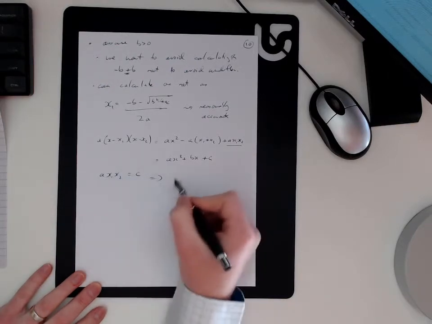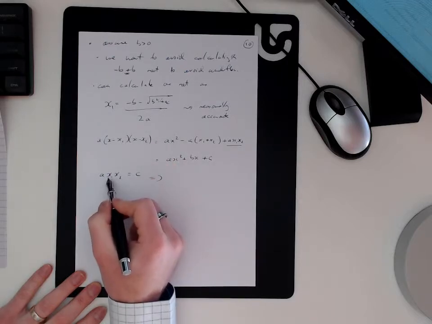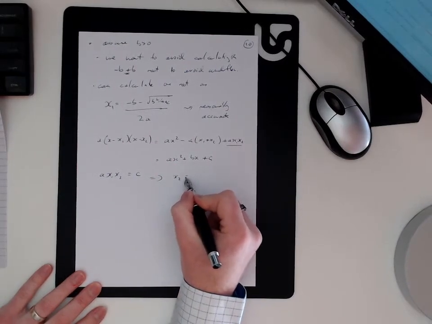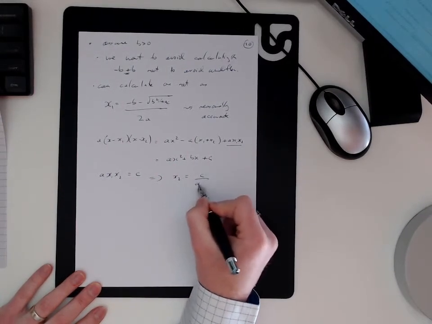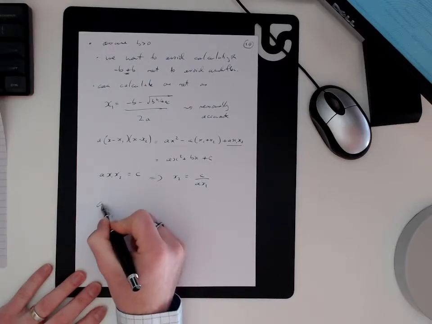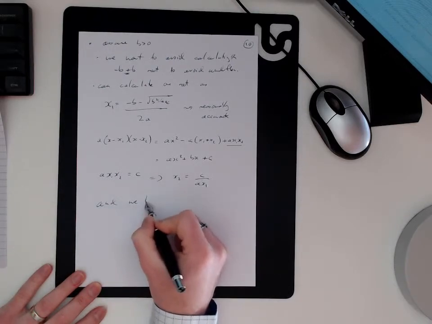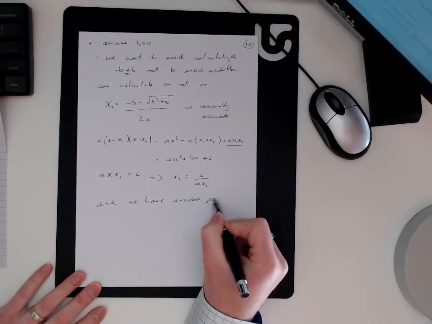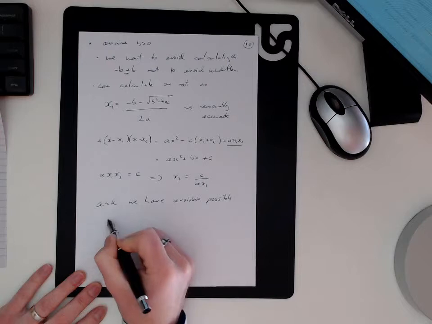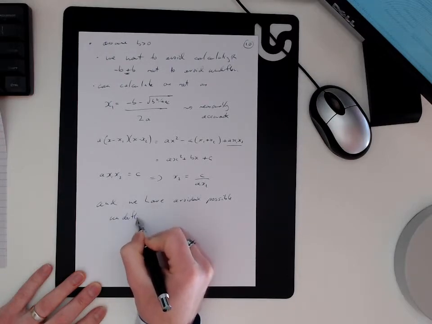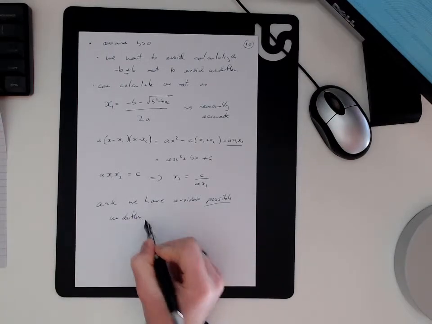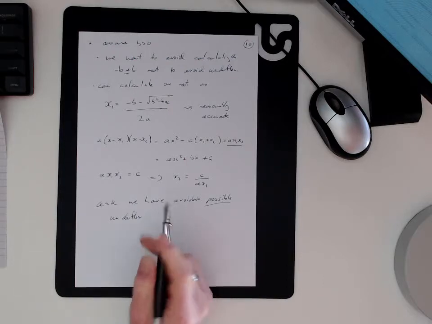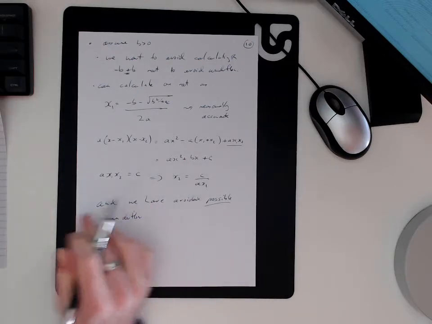We can rearrange this. If we can calculate x1, then x2 is equal to c divided by a x1, and we have avoided possible underflow. There's no guarantee that the underflow would have occurred, but we've avoided it.